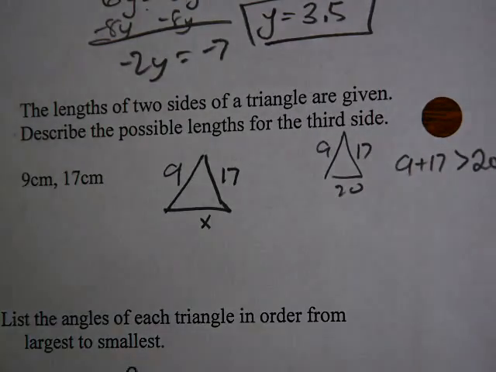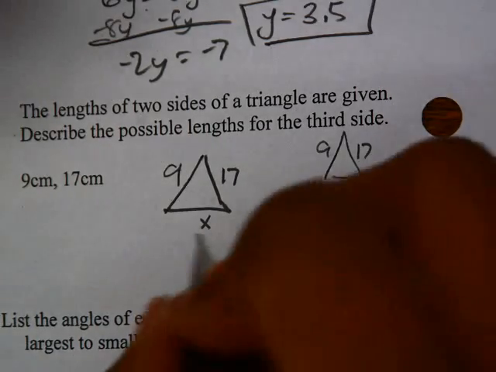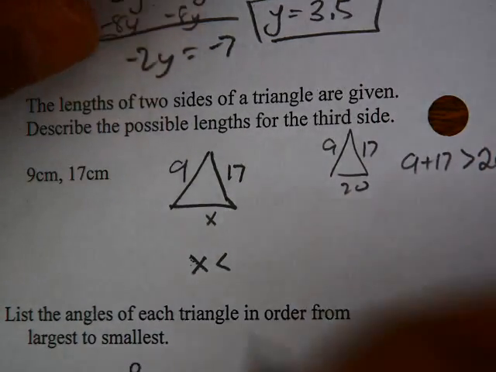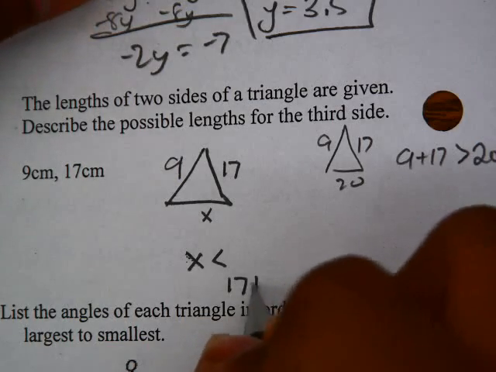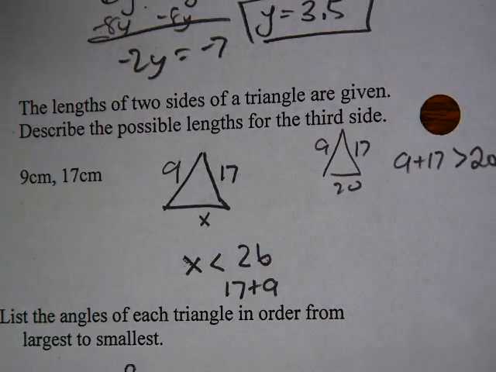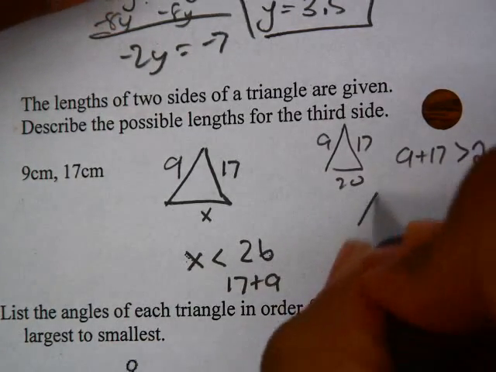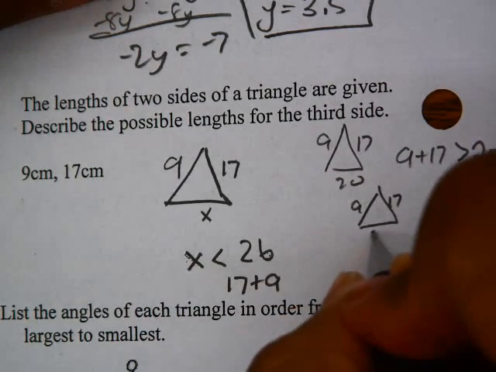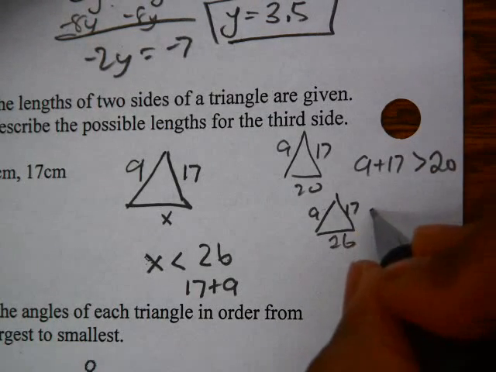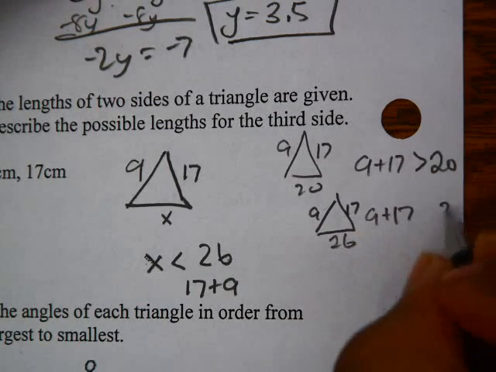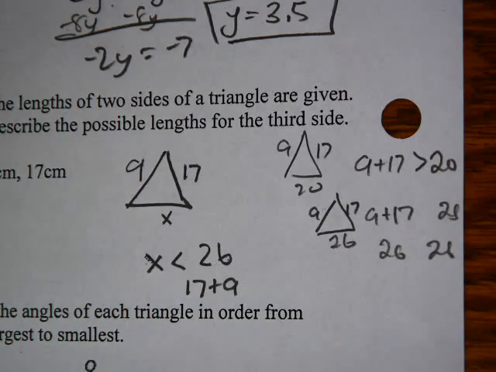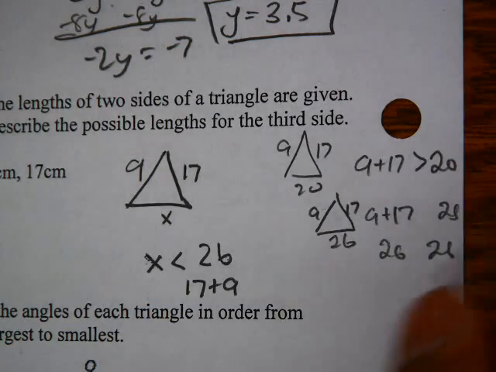But we need to find all the possible lengths. So to get the highest it can be, if you do 17 plus 9, that gives us 26. Okay, 26 is the most it can be. It cannot equal 26 though. So like 9 plus 17, that's 26. 26 can't be greater than 26, it's actually equal to.